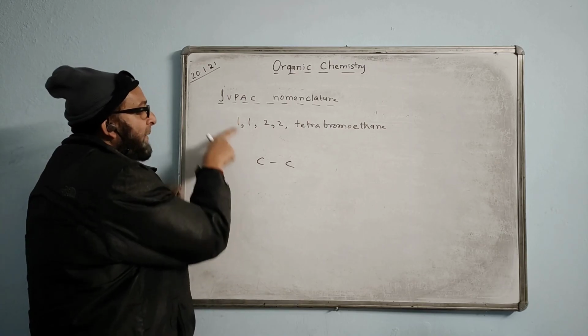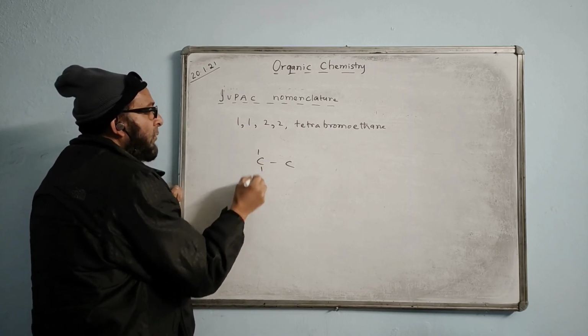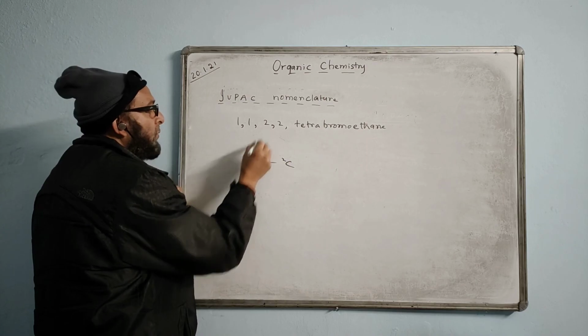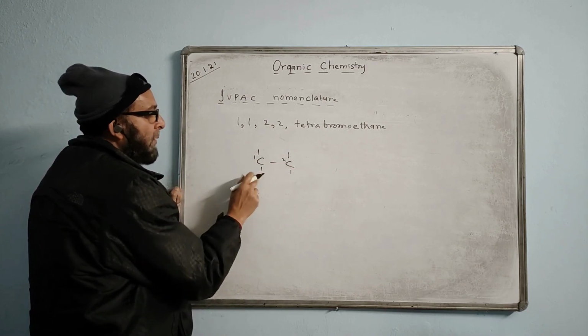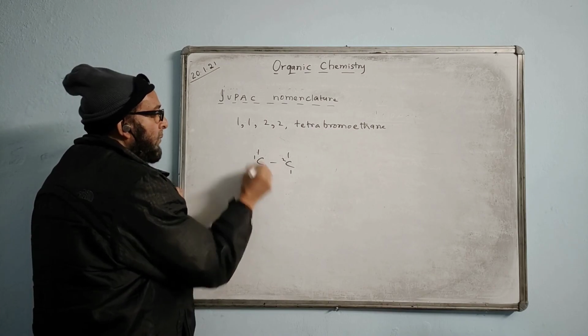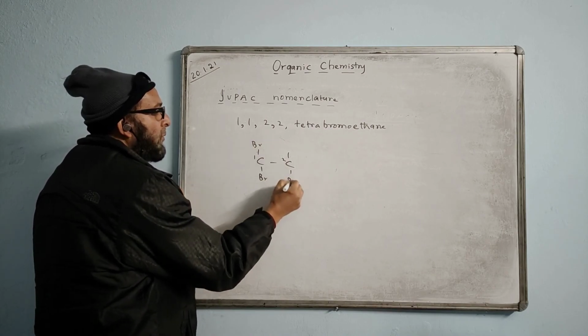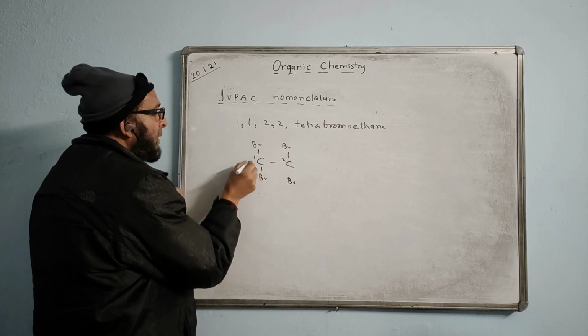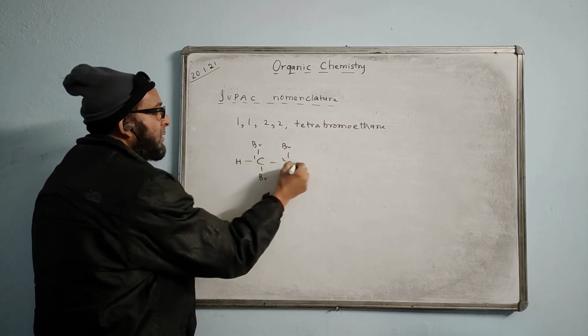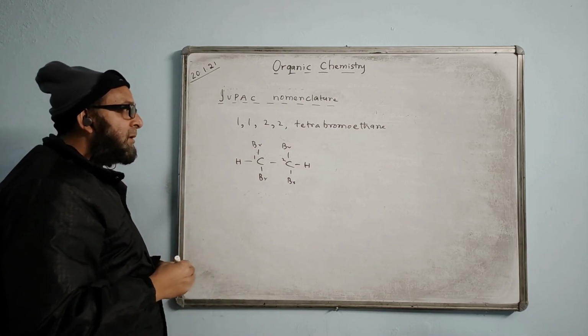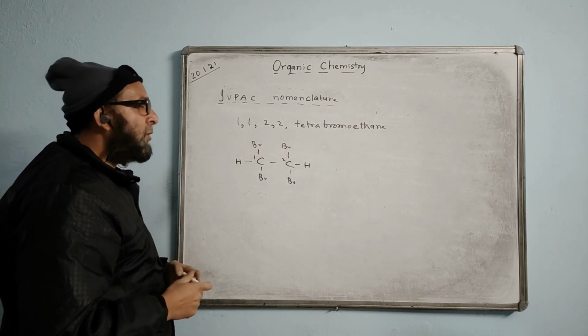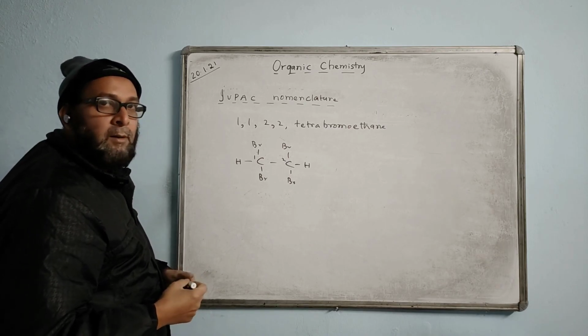Number 1 is repeated here, so we get 1 up, 1 down. This is number 1, number 2. 2 also is repeated. What should you keep here? Br. Here also Br. This side what will you keep? H. This side also you write H. This is the structural formula of tetrabromoethane.